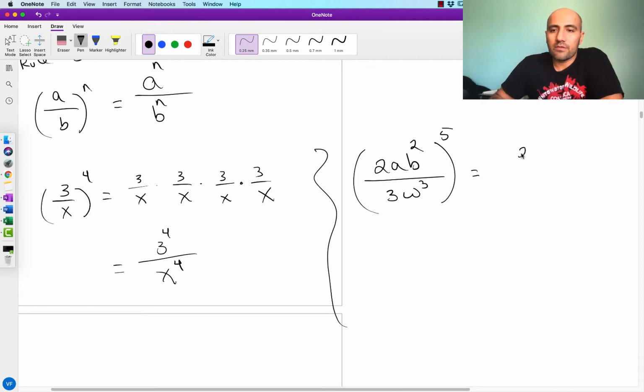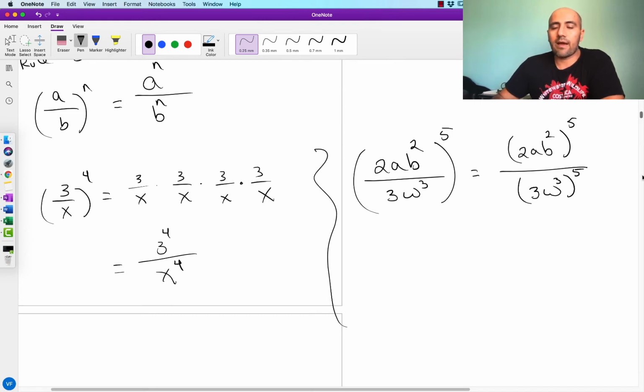So this would be (2ab²)^5 divided by, and then in the denominator we have (3w³)^5. Good. Now we can use some of the other properties we learned, some of the other rules. We get to do this distribution of exponents.